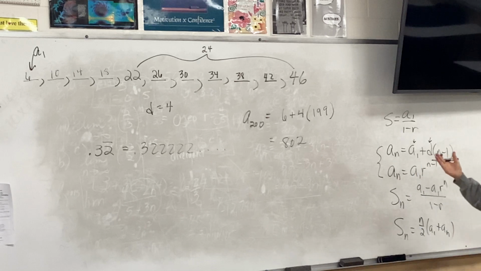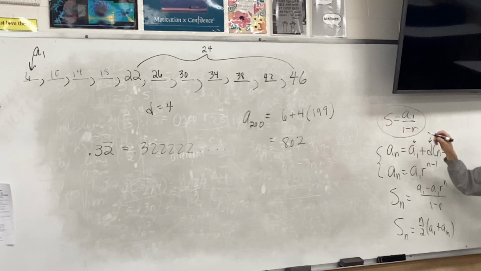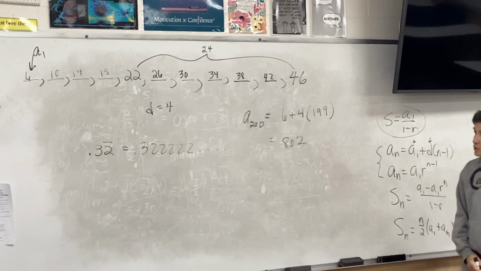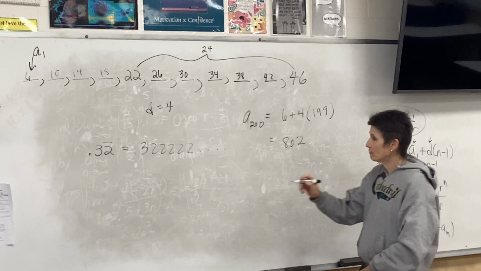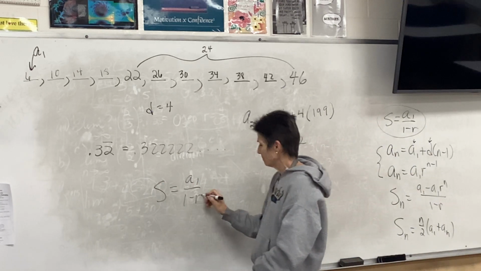So the only formula up here that could possibly apply is this one, because this is my infinite geometric series formula. This is the only one that doesn't have an n in it. Every other formula has an n in it. Okay? So I'm going to be using that formula. So what does that formula require me to know?